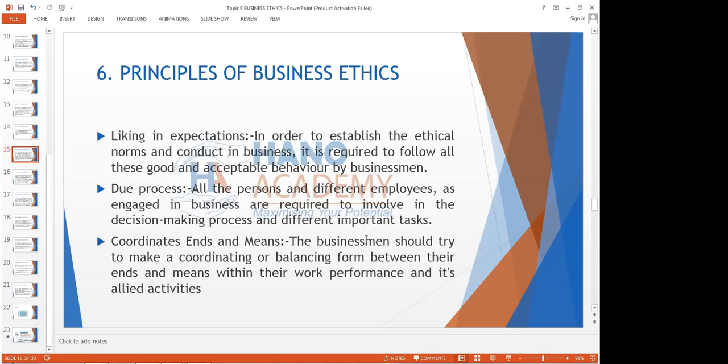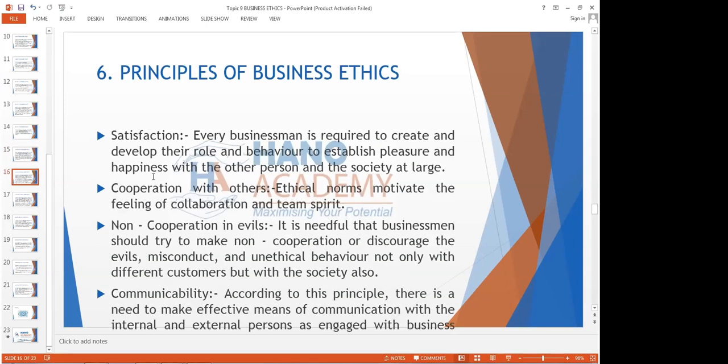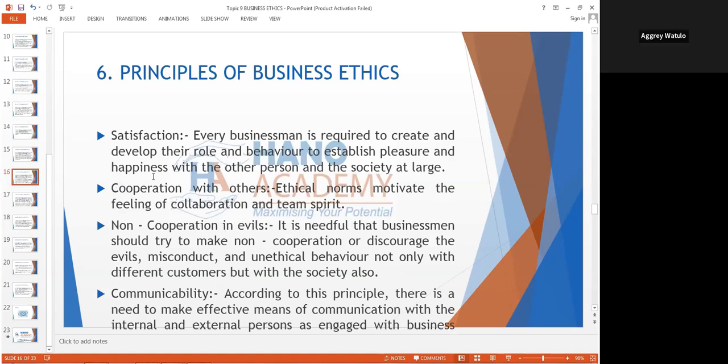So coordinate ends and means. Businessmen should try to make a coordinating or balancing form between their ends and means within their work performance and its allied activities. So you coordinate the ends, the beginning of the duty, and the means, how the activities are performed or carried out. So you need to coordinate those activities. We have also the question of satisfaction.